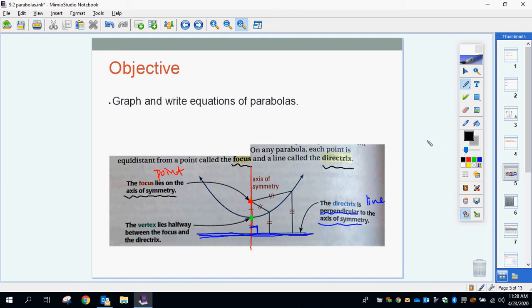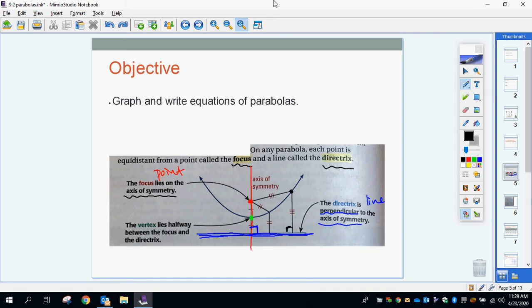If we look at our point and our line, any point on our parabola, maybe this point right here, is going to be equidistant to our focus. So the length from the black point to the red point is the same distance from the black point directly down to our directrix.